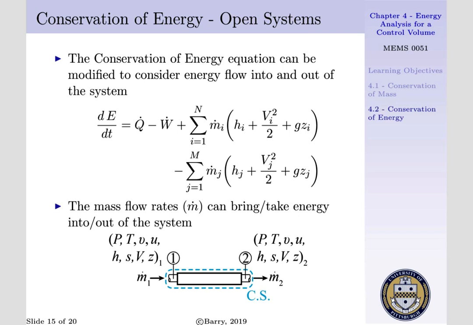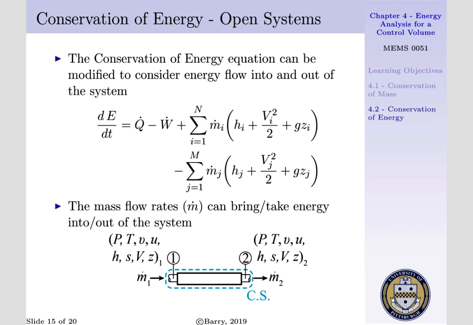So if we look schematically at our system below, we recognize that m dot 1 is entering our system at state 1, and m dot 2 is exiting our system at state 2. Now m dot has properties associated with that state, such as pressure, temperature, specific volume, internal energy, enthalpy, entropy, velocity, as well as elevation.